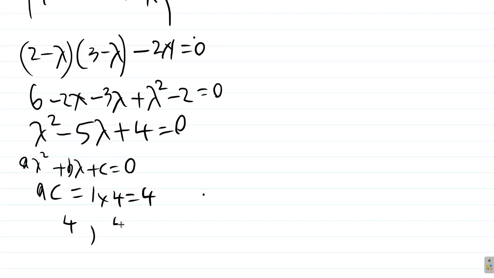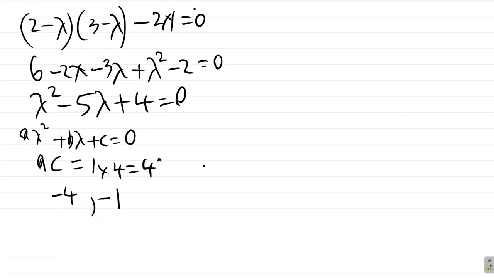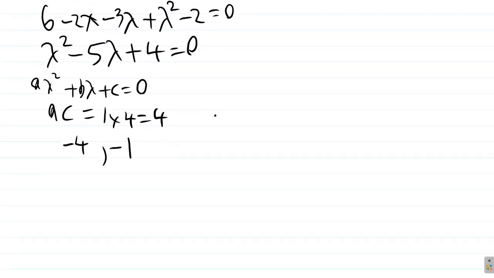Well, we could try 4 and 1. Aha! Negative 4 times negative 1 is positive 4, and negative 4 plus negative 1, same as negative 4 minus 1, is negative 5. So these two numbers will work. Just a matter of factorization, right?